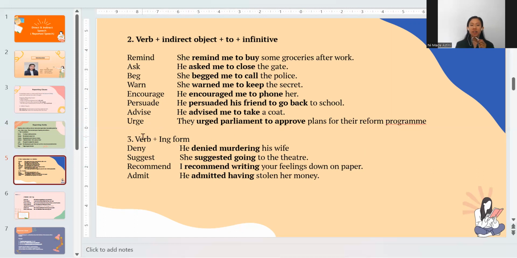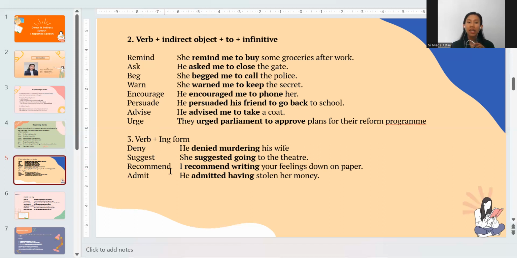The third type is verb plus -ing form. There are four verbs here. The first one is deny: he denied murdering his wife. Number two is suggest: he suggested going to the theater.